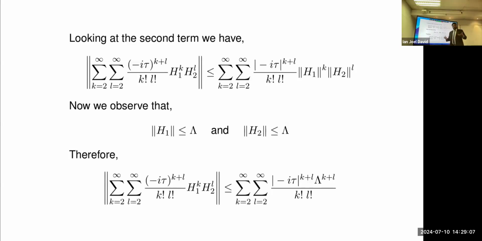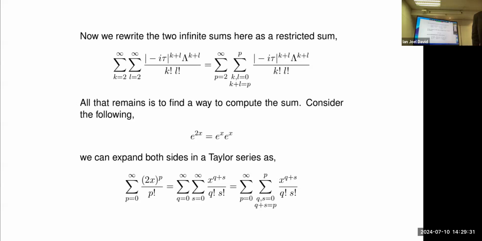It makes it hard to then combine the sums as we proceed. So we bounded it in terms of lambda. Okay. So what do we have? We say that the bound on the second term is just going to be precisely this quantity here. We have replaced the norms of these operators by just lambda. Now we arrive at a bit more of a tricky step. And it's not so tricky once you know the trick.